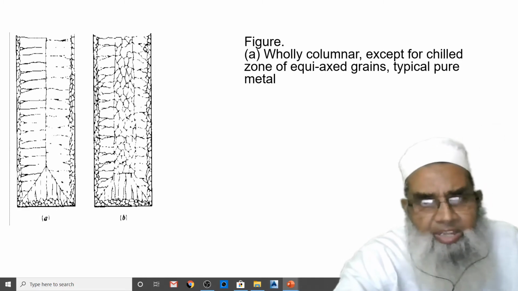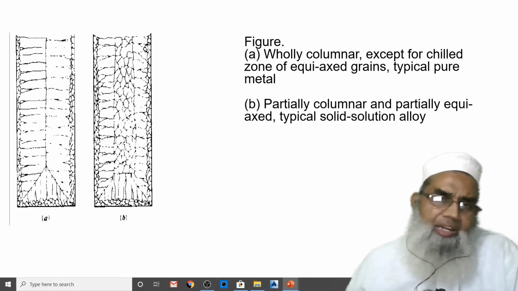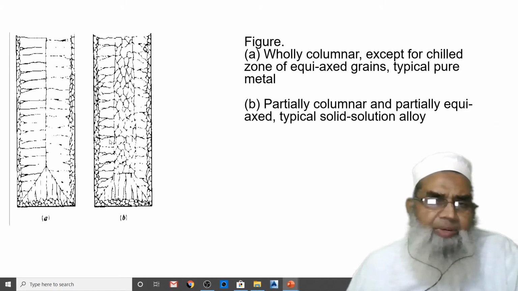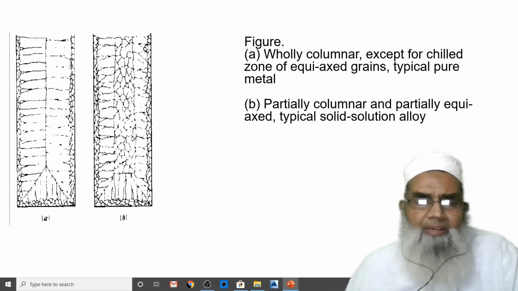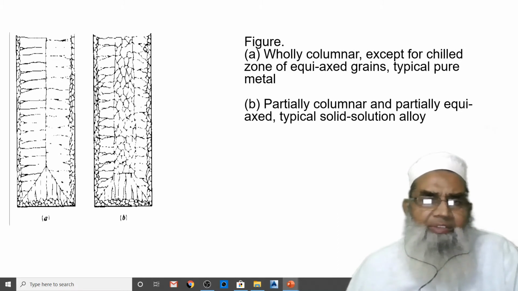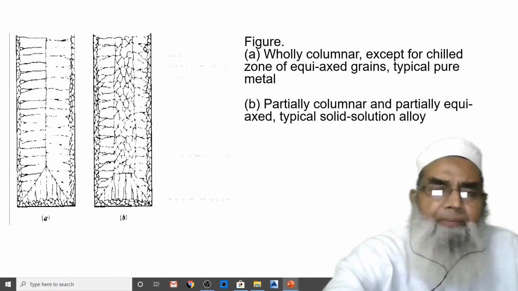However, this is that of the alloy. Initially it has fine equiaxed grains, and then columnar, and then the temperature gradient is lower, and they form precipitates in between the molten metal, causing equiaxed grains to develop, and therefore this is a typical solid solution alloy.